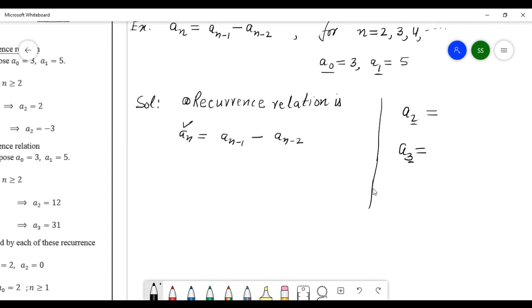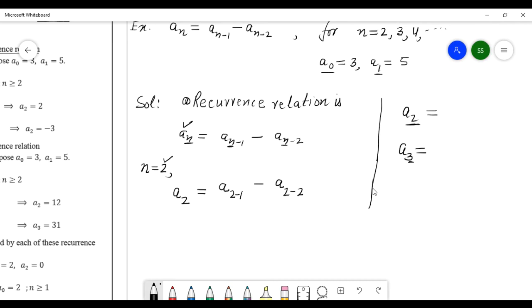See this recurrence relation. If we take n equal to 2, what will happen? n equal to 2 means here n is 2, so a_2 equals a_(2-1) minus a_(2-2). In the recurrence relation, take n equal to 2 everywhere: here n equal to 2, here n equal to 2, and here n equal to 2.